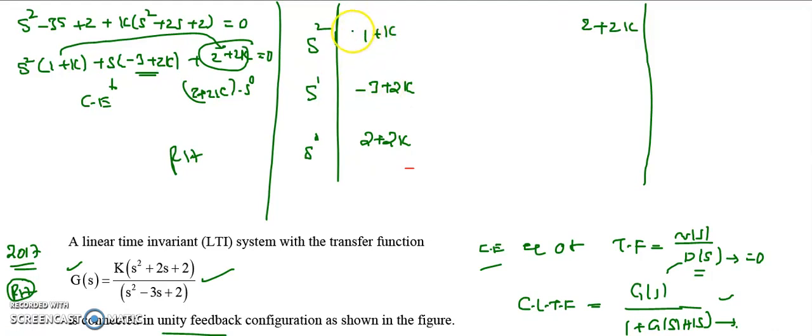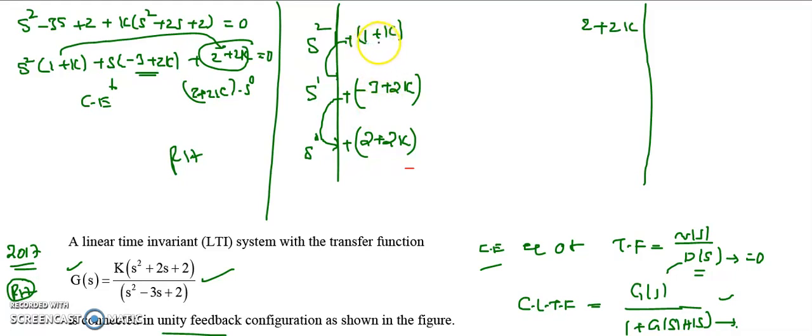So this polarity must be positive, this must be positive, and this must be positive. There should not be any sign changes when moving from one element to another in the first column. Moving from here to here, it is positive and positive, so there is no sign change. And moving from here to here, it is positive and positive, so there is no sign change.